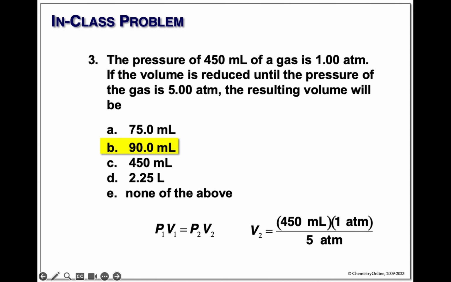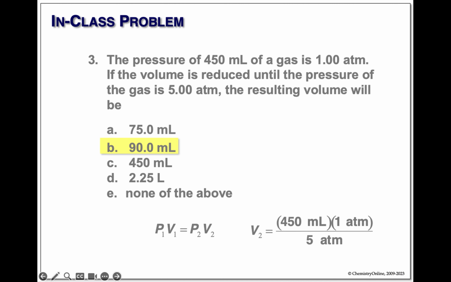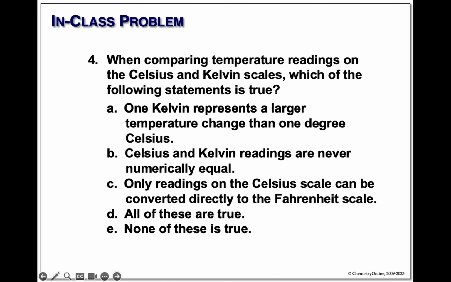And our last one for today. When you are comparing centigrade and Kelvin, what's true? 1 Kelvin is a larger temperature change than centigrade. Nope. Remember, they're exactly the same.